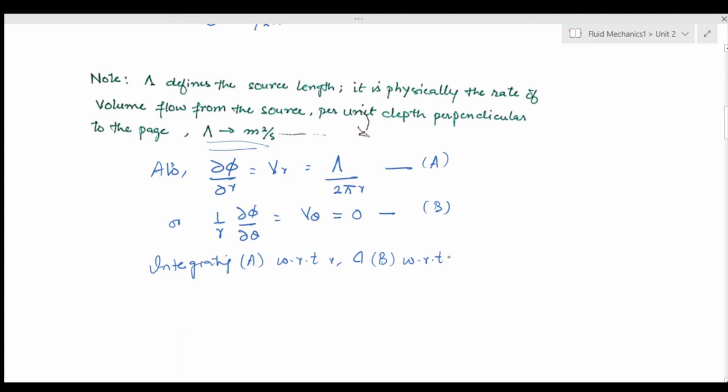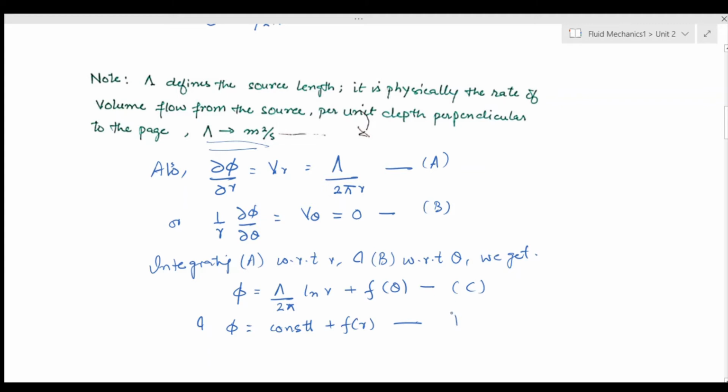I am integrating my equation A with respect to r and B with respect to theta, similar to what I did before. So I will get my phi equal to lambda by 2 pi ln r plus a function of theta. This is my equation C, and I would get my phi equal to a constant plus a function of r.